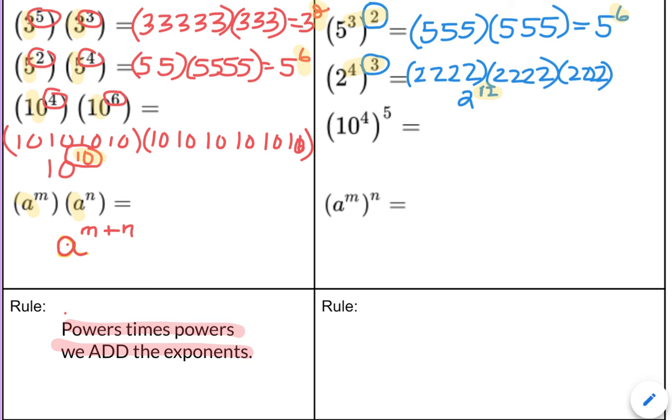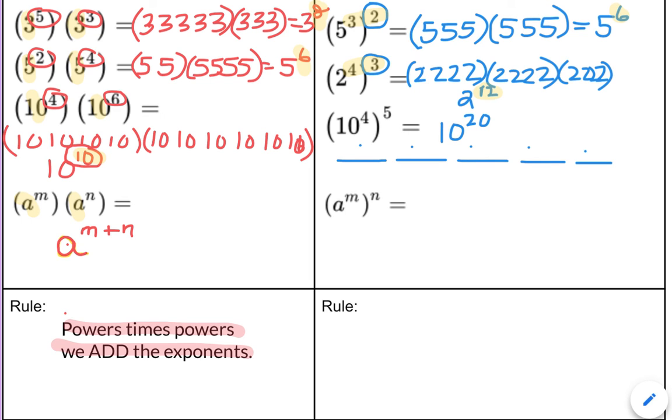What's your guess on 10 to the 4th to the 5th? 10 to the 4th would be 10 4 times, then to the 5th would mean multiply that by itself 5 times. How many 10's do I end up with at the end? Well, I've got 4 of them, then 4 of them, then 4 of them, 4 of them, 4 of them. I end up with 10 to the 20th.